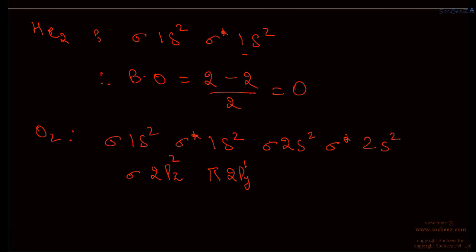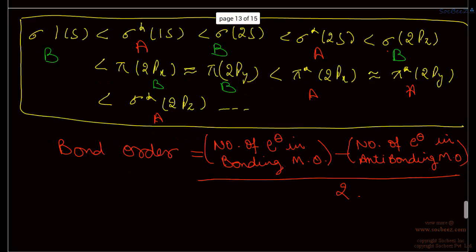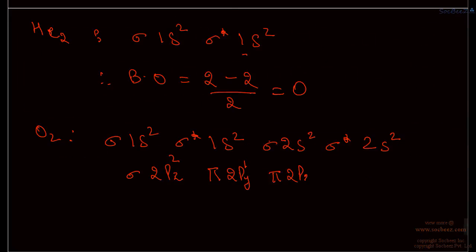Here it is pi 2px, and here pi 2py will get filled with 1. Since more electrons are left, 2 plus 2 plus 2 plus 2 is 8, 10, 12, so 4 more electrons are left, and another will get filled based on the Aufbau principle and Hund's rule.